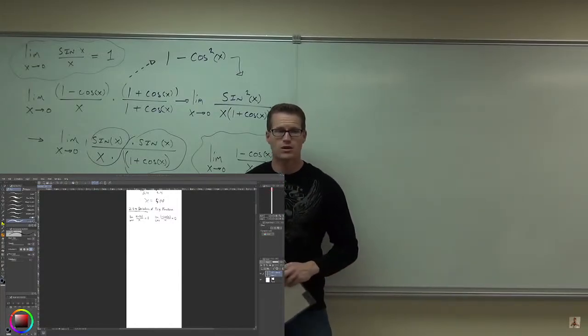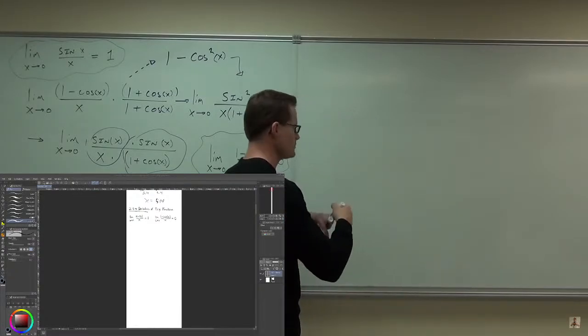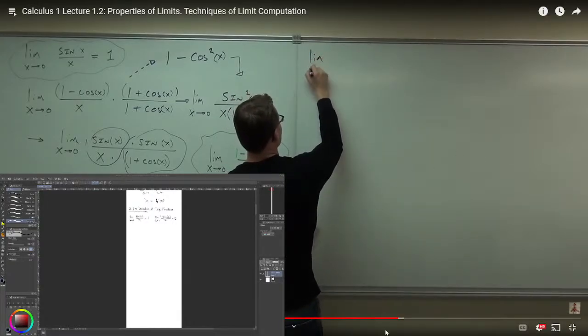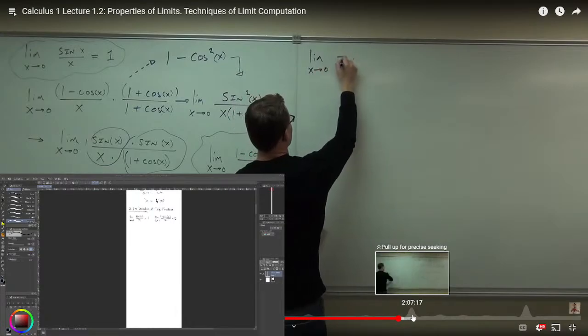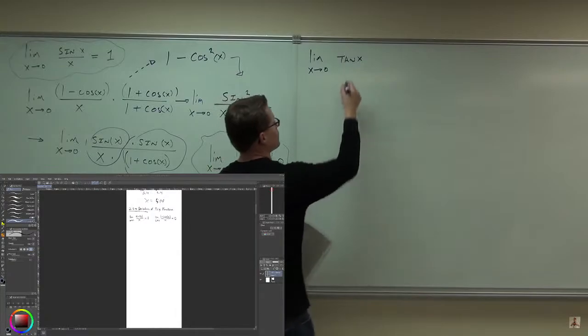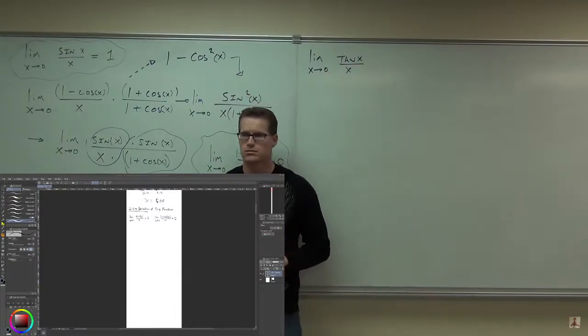Would you like to do the tangent one? Tangent one's even a little bit quicker. Actually, much quicker. Let's try to find the limit of tan x over x. Now, could you just plug in the 0?